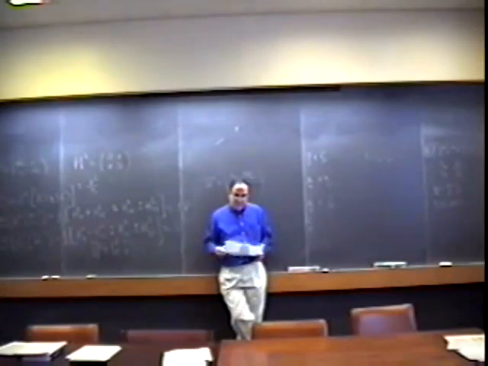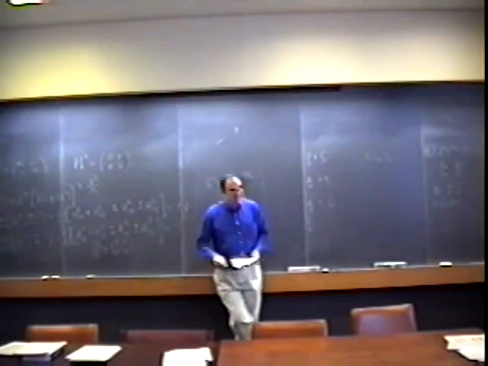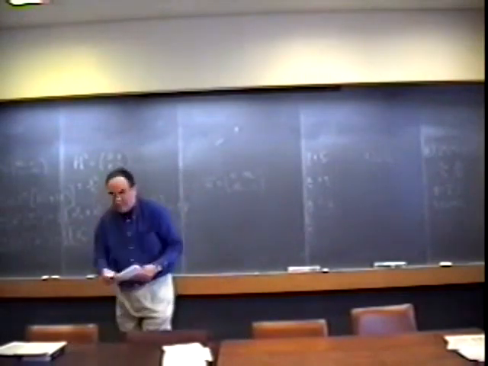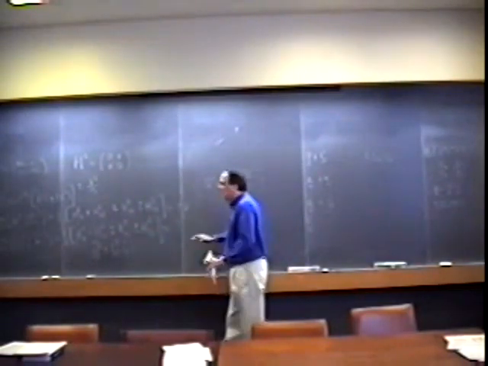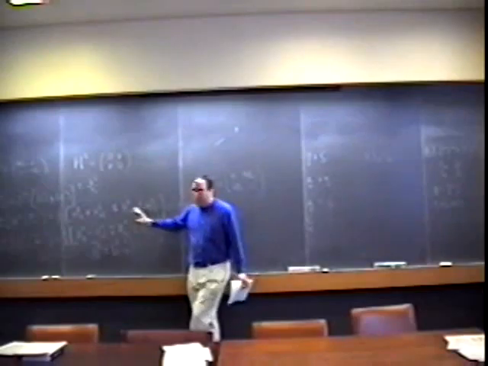And one example of that, which we might get to today and might not get to at all, is rotational autoionization. I'll get to that. I'll talk about perturbations now.